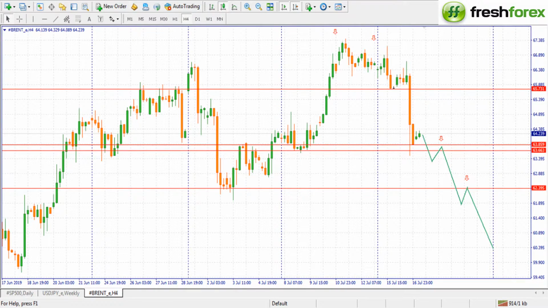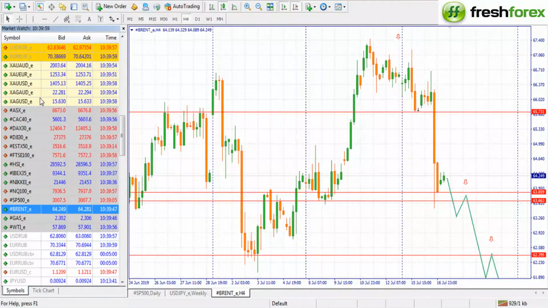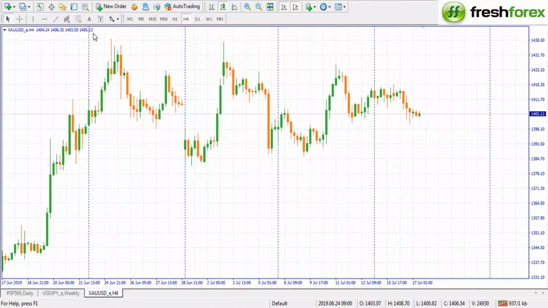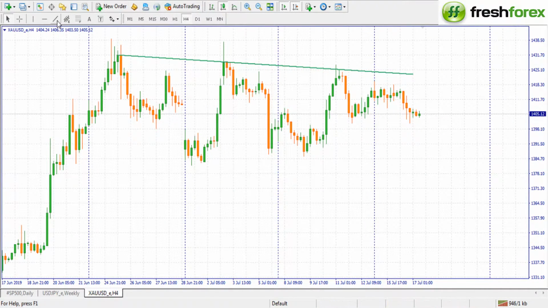So we'll move forward, we move to our next symbol, and that is gold. We have gold, I have it somewhere here. So gold, so far there's no clear trend. We are somewhat consolidating. As you can see, we have a level here, a very good trend line here, and then you have another one from the bottom.